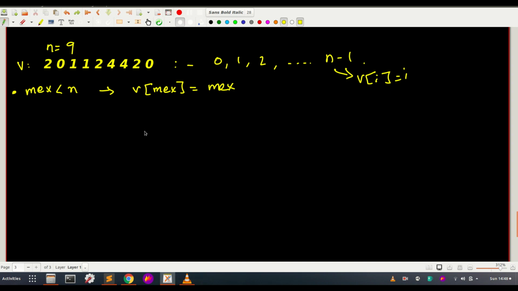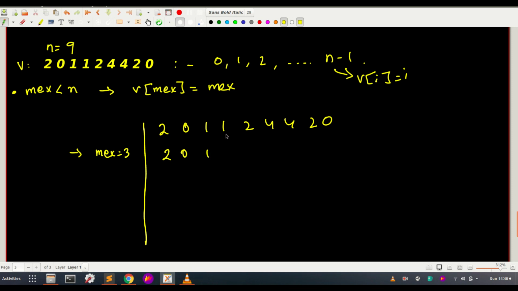So let's try and understand this by iterating over this array and performing the operations while doing so. In the next iteration, my MEX is going to be 3 and my array is going to look like this, I replace this one with 3. This is a 0 indexed array, so it's going to be 0, 1, 2, 3, 4, 5, 8. These are the indices. So I replaced V of 3 with 3.